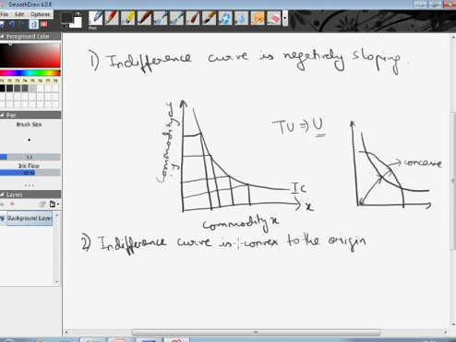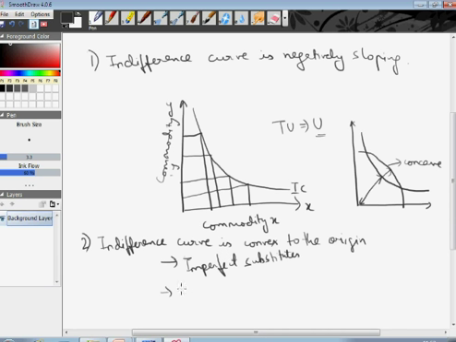This is because of two reasons. First, the two commodities which are used to give the same level of satisfaction are imperfect substitutes for one another. It means that if we are increasing one unit of a commodity, we are not decreasing the other commodity by one unit.